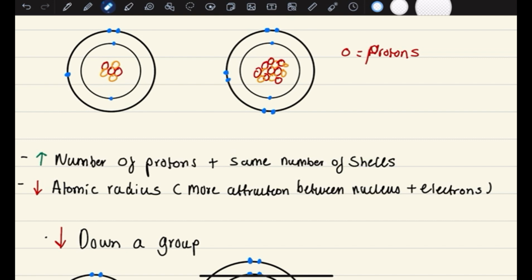So we have more protons, same number of shells. The difference in shielding is negligible, very important. Hence, our atomic radius is going to decrease. Why? Because with more protons there's a stronger attraction from the nucleus to those outermost electrons, and that will reduce your atomic radius, which makes us more electronegative. We want to pull in those electrons more because there are more protons in the nucleus, yeah?